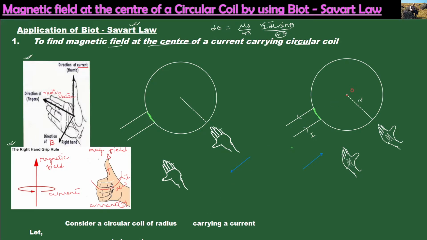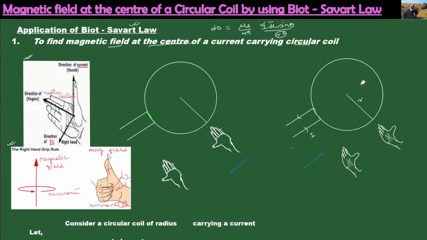So if O is the center of the coil and we make use of this right hand grip rule, the magnetic field at the center of the coil will be pointing vertically upwards.